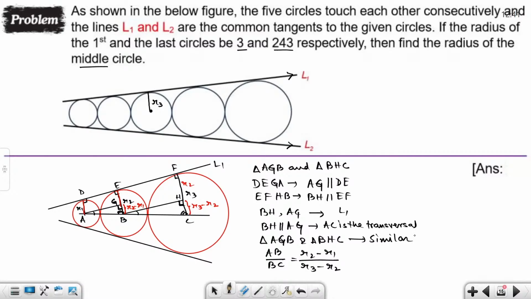Am I correct? What is AB? AB is basically R1 plus R2. And what is BC? It is R2 plus R3, which is equal to R2 minus R1 by R3 minus R2. Is it clear? Now, if I take, let me do it here, R2 plus R1 divided by, I can write in this way.